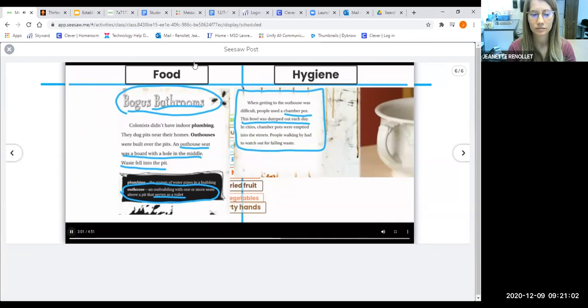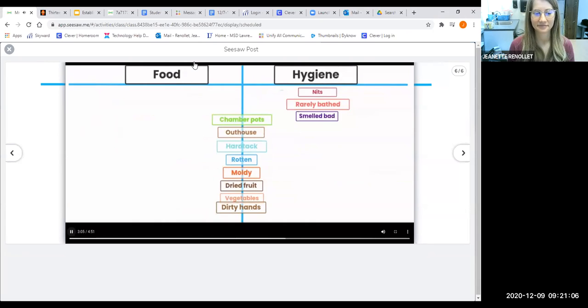Aren't we so thankful that we have indoor bathrooms? So which category do you think chamber pots and outhouse belong to? I hope chamber pots would not be a food. Do not mistake it as that. They are both hygiene. Wow, we are all on hygiene. We have zero food so far. Let's see what the next one is.